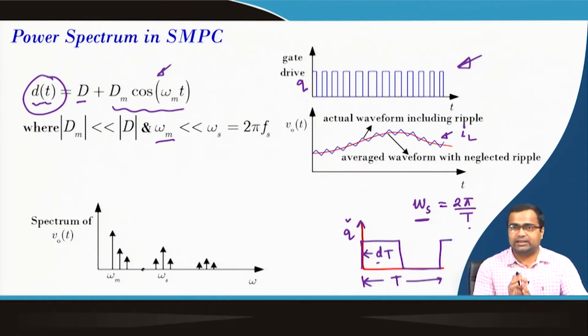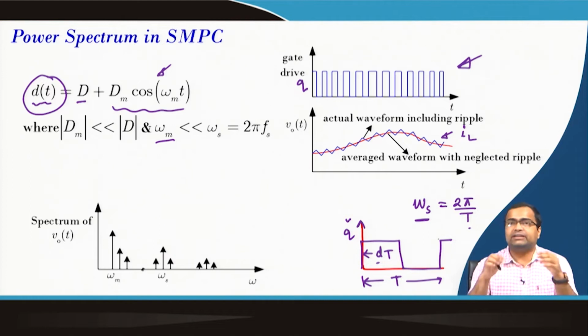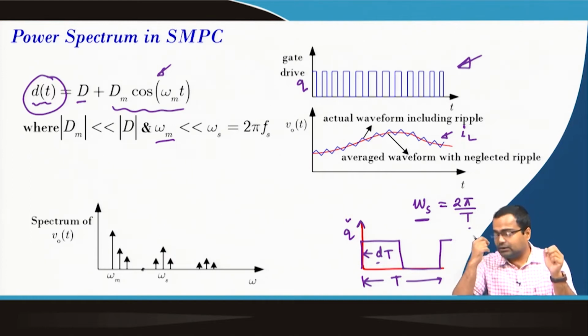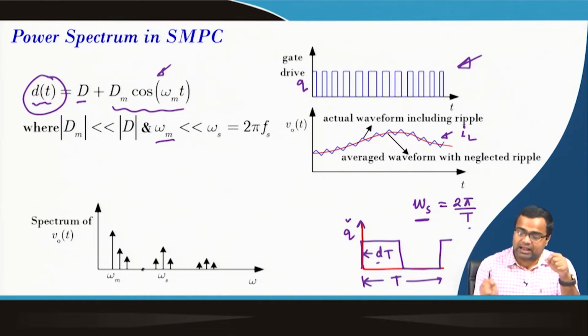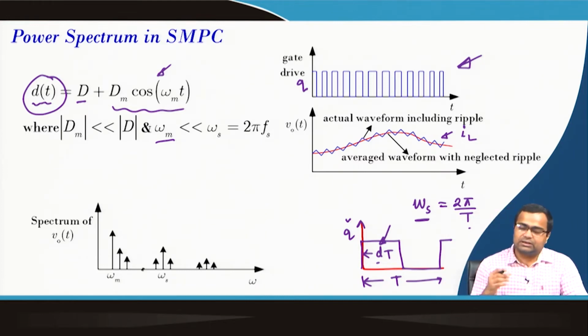It has two things. The gate signal is a periodic signal occurring in every time period T, but it has a duty ratio term, and that duty ratio we are also varying. That means it is a frequency modulation, where we modulate the duty ratio with the modulating frequency omega m, and we also have a switching frequency.